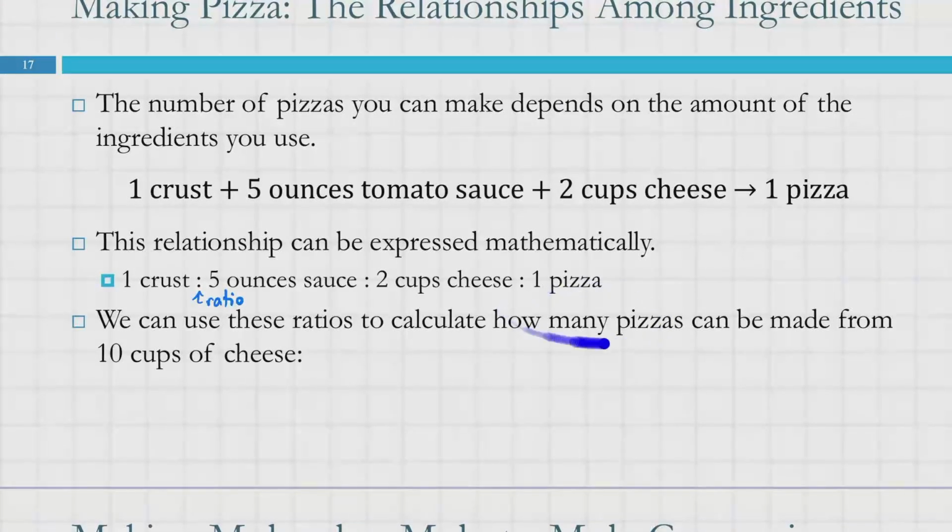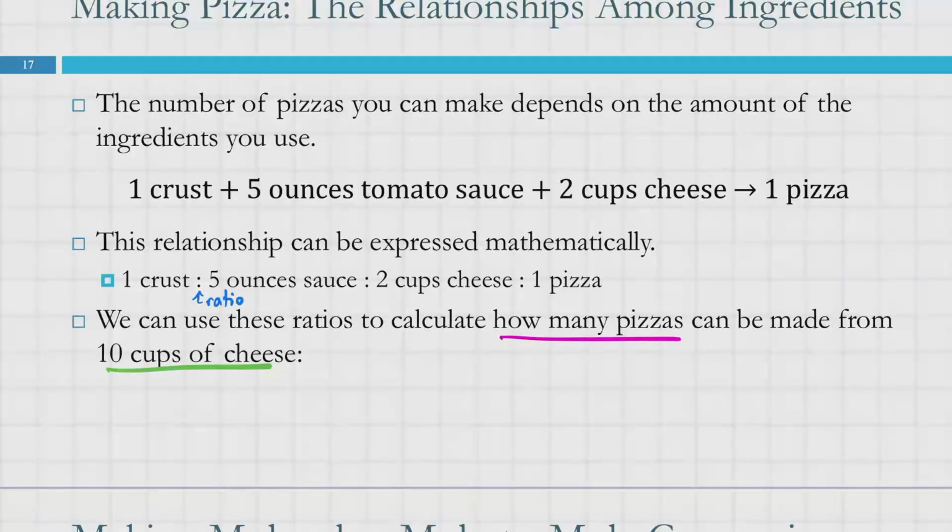So we're going to look at how many pizzas we can make if we have 10 cups of cheese. What are the 2 things that we care about in this particular question? The ratio between cheese and pizza.